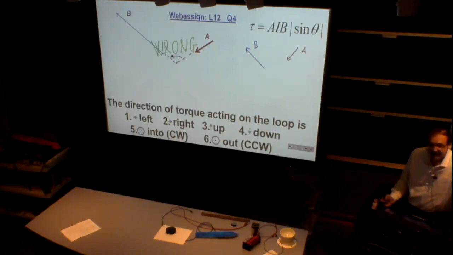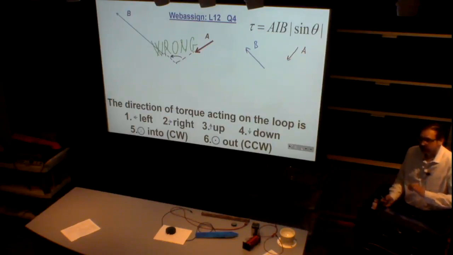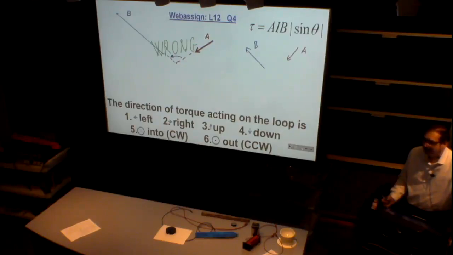Adding a tail to a head is the rule which we use when we need to add two vectors. When we need to measure an angle between vectors, the rule is different. Tail to tail. They have to be drawn from the same point.